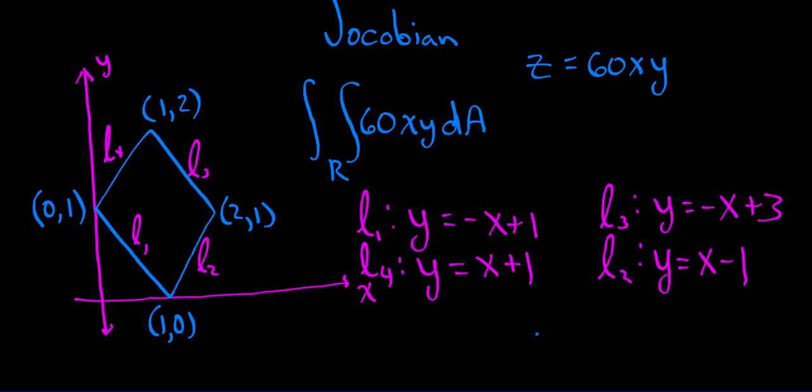So if we go through the process of finding slope and y-intercept, we would get these lines. Now this gives us a way to define line 1, line 2, line 3, and line 4, which means now we can integrate from one line to the next. If I want to integrate from line 1 to line 4, no worries. If I'm integrating with respect to y, I'm going to go from negative x plus 1 all the way to x plus 1. See?